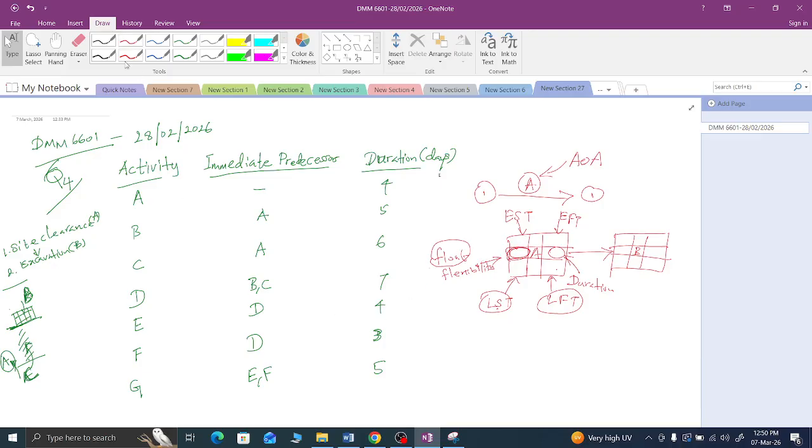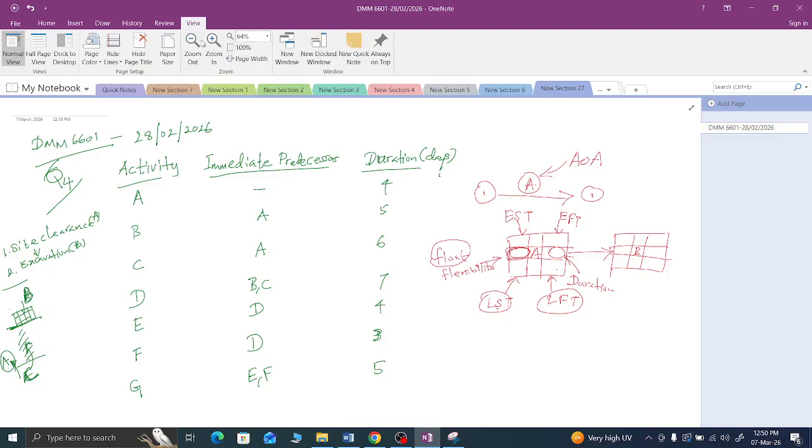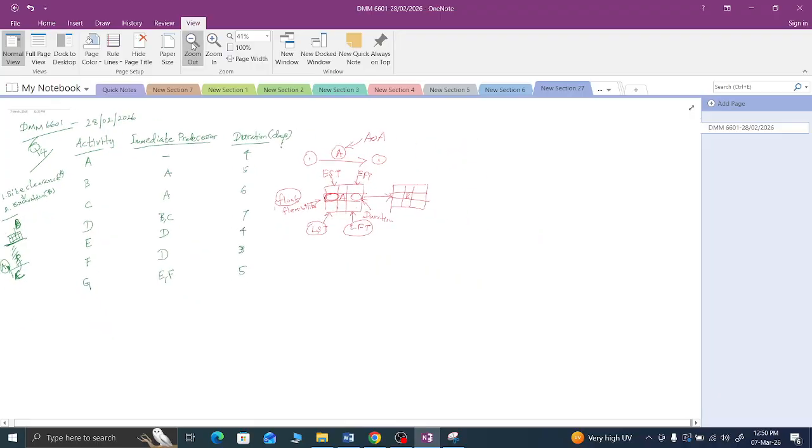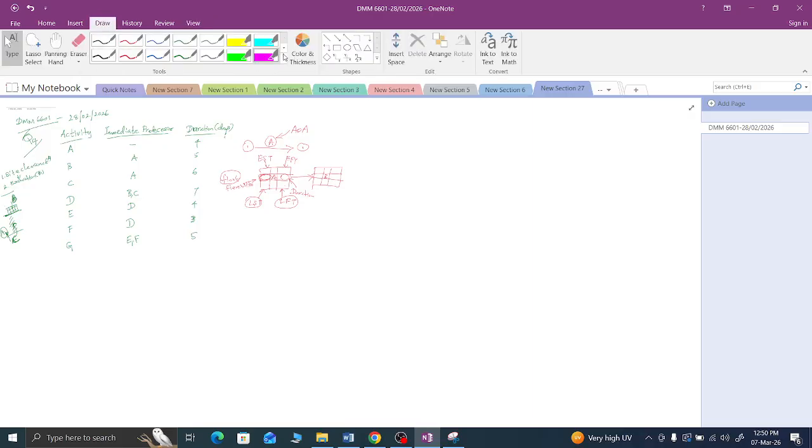Solve this question. For this question I am going to draw the network diagram. So here I am going to draw a network diagram.